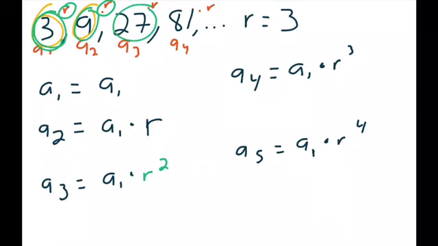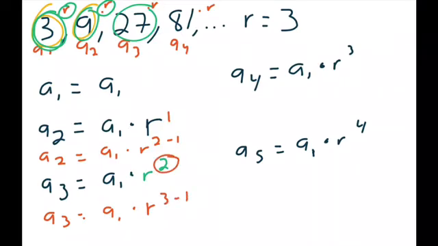Okay, now we're going to look at the pattern. So A sub 2 equals A sub 1 times r to the 2 minus 1, which gives me a 1 right there. A sub 3 equals A sub 1 times r to the 3 minus 1, which gives me a 2 right there.